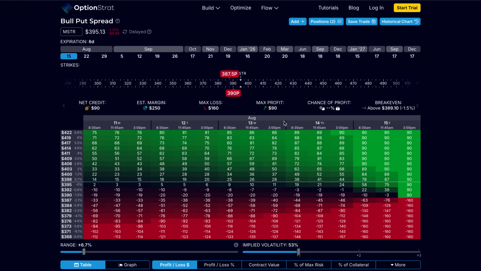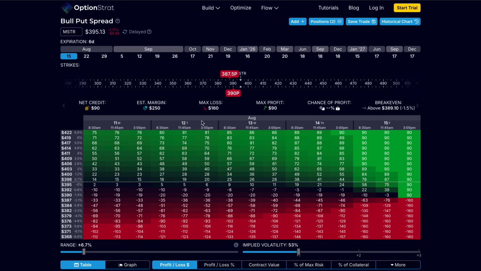So, if we receive $90 in premium and we put $250 as collateral and this thing goes the wrong way, we would lose $160, right? $250 minus the premium, $160. So here you'd lose the money you put up.